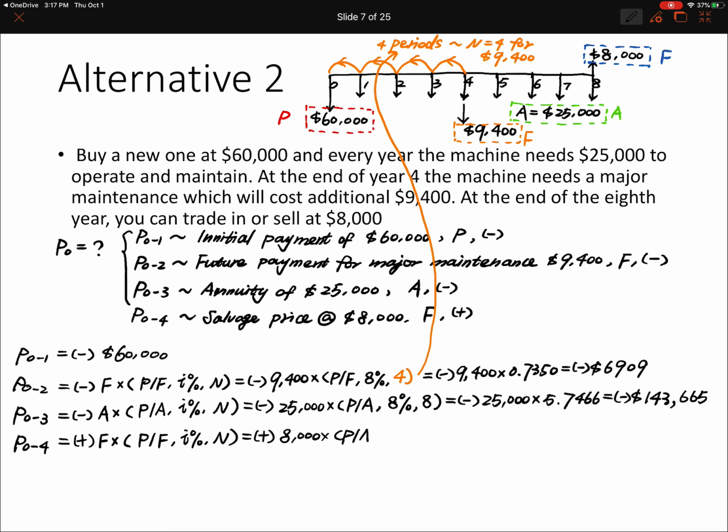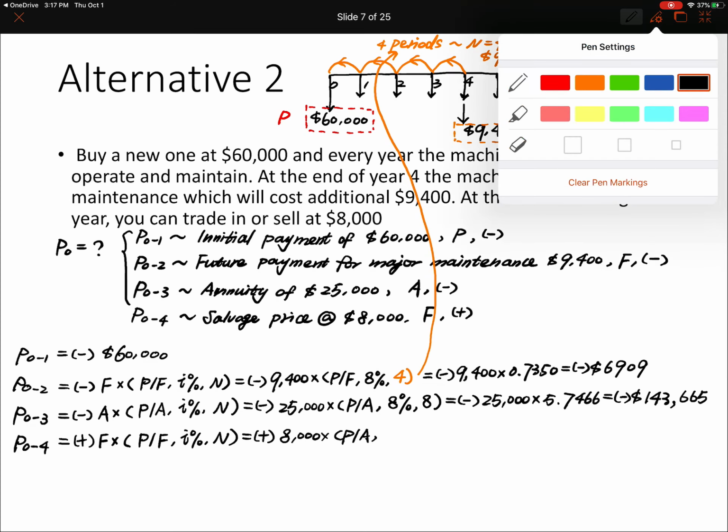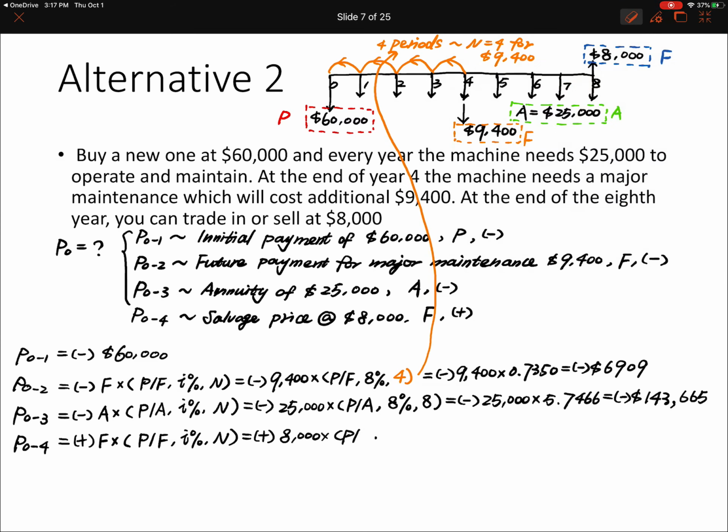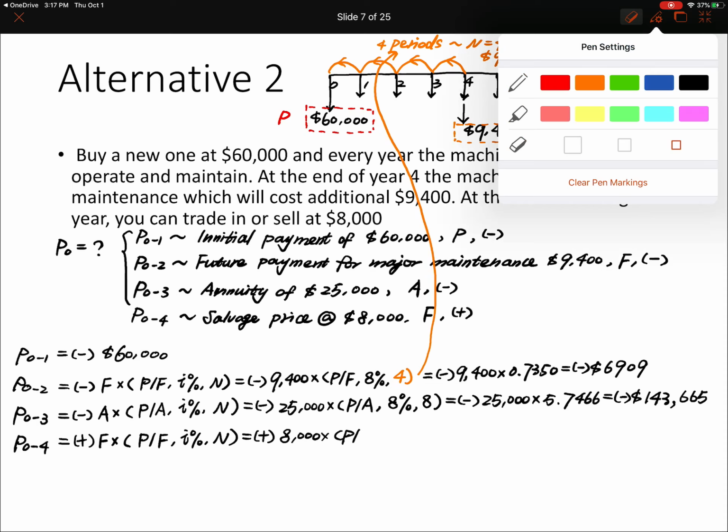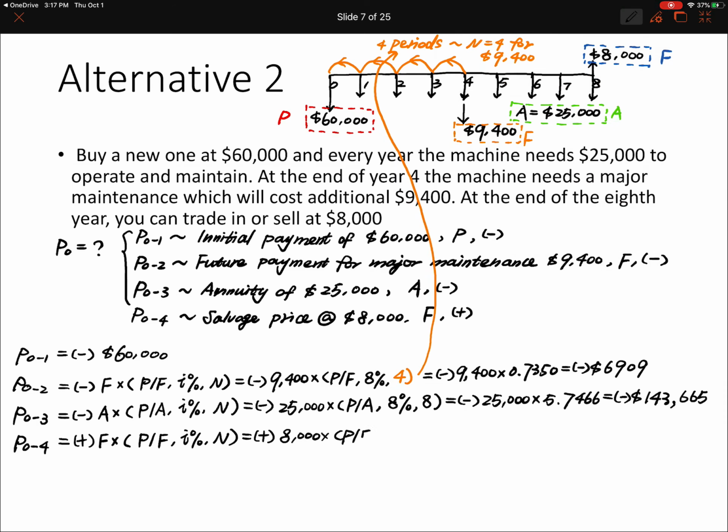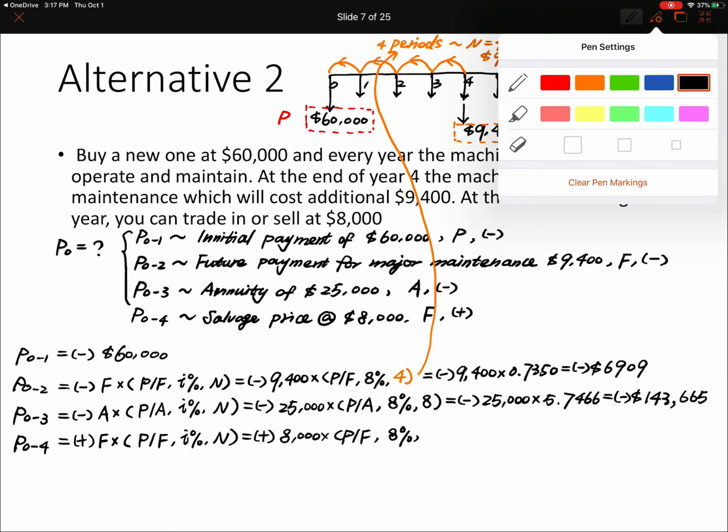F is 8,000. P/F, 8%. Now, how many years between the 8th year and the present time?